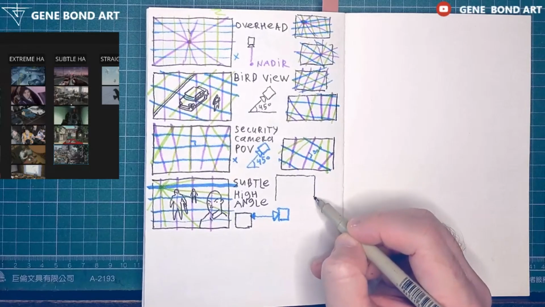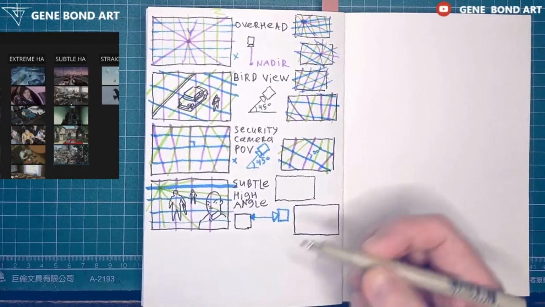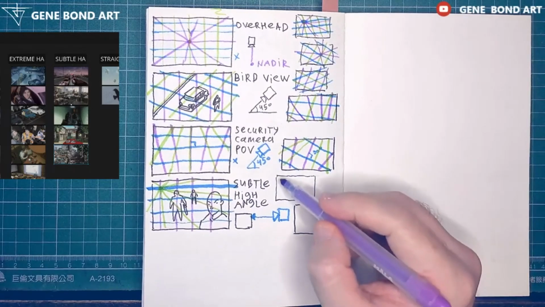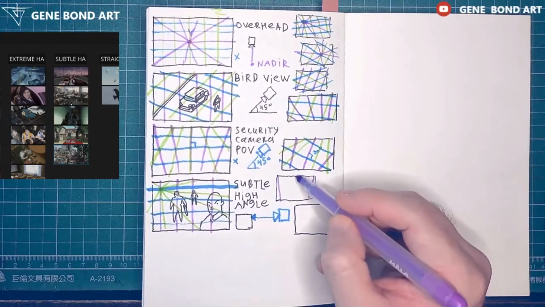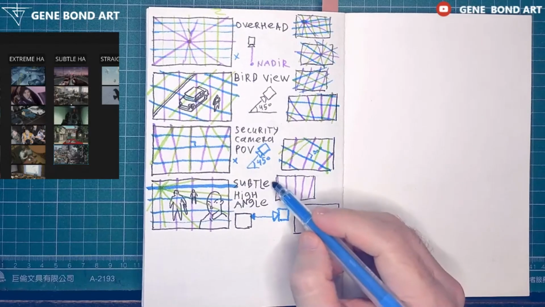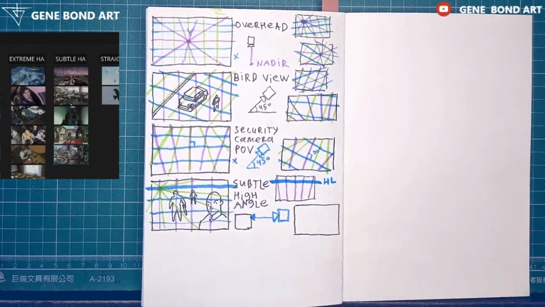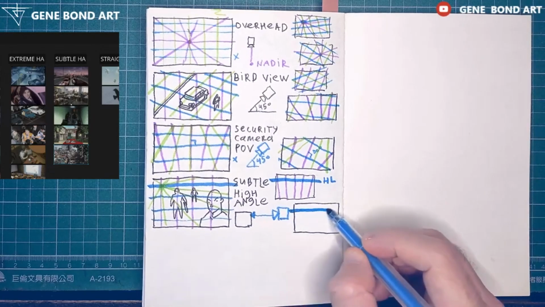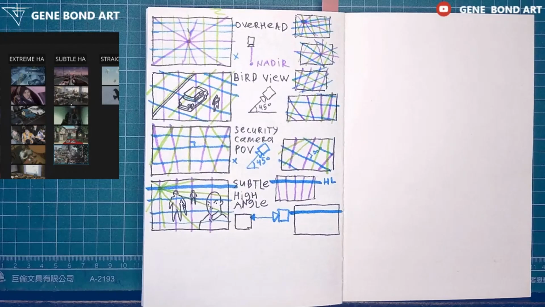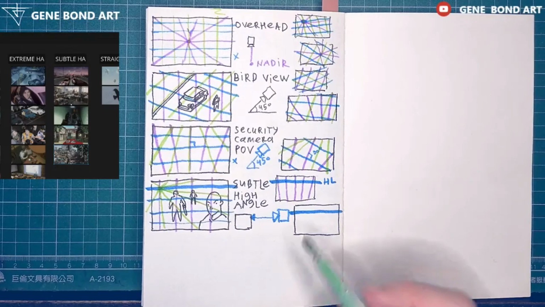So let's show it here. So you can make a little convergence for y-axis. This horizon line. Or you can even make 2-point perspective without vanishing points.